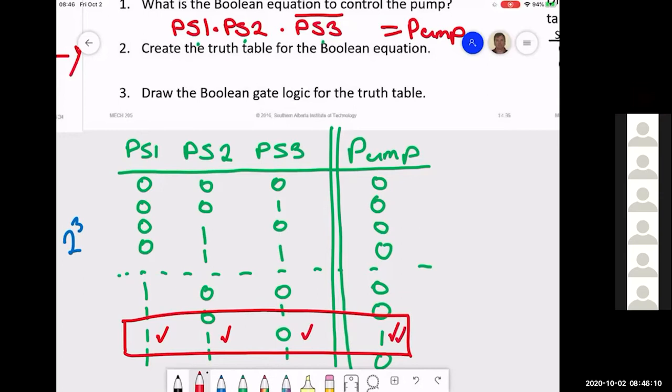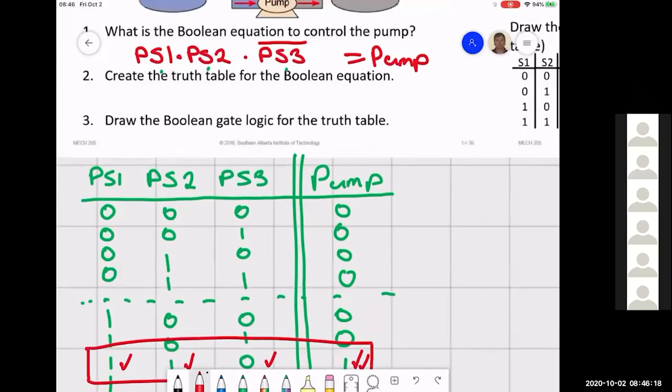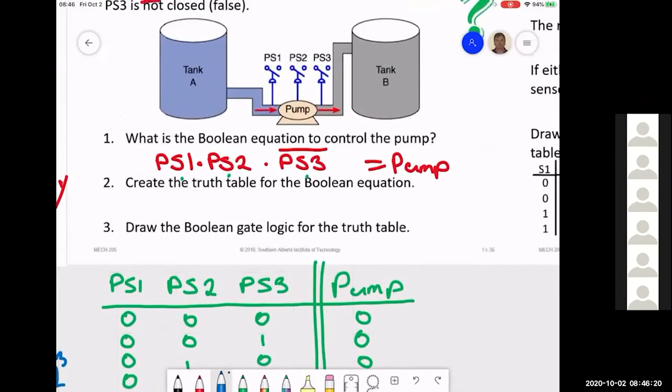So the third part of this is draw the Boolean gate logic. What have we got here? If I think about my equation back up here, I've got an AND. I've got another AND. And I've got a NOT. Okay.